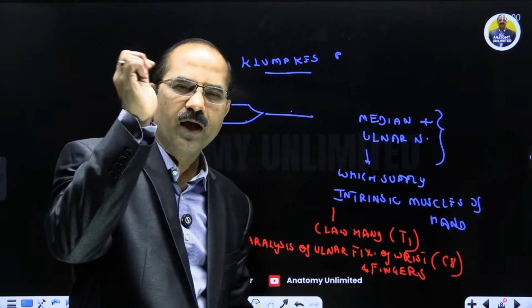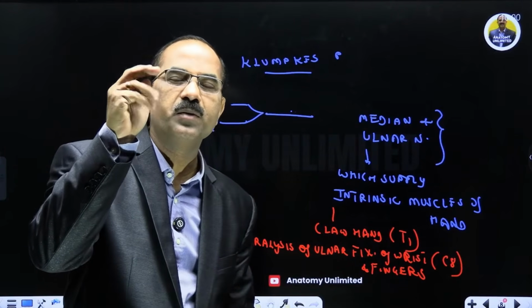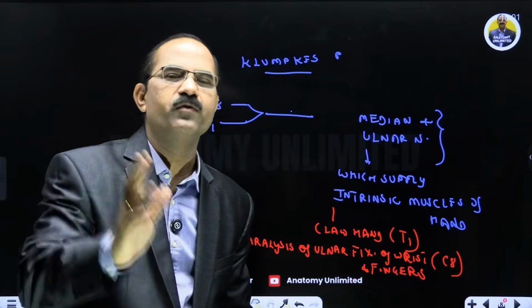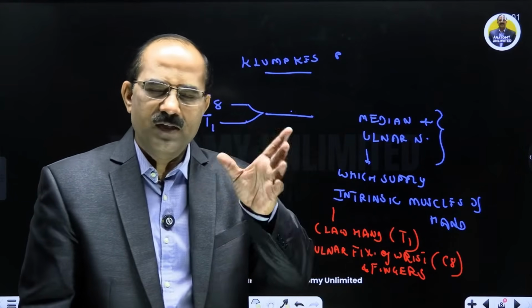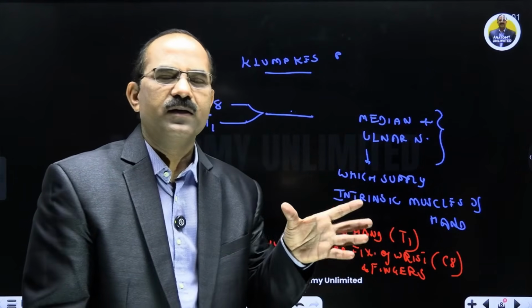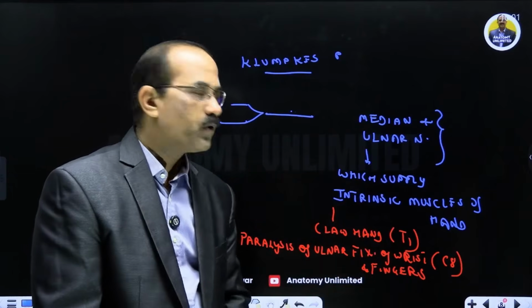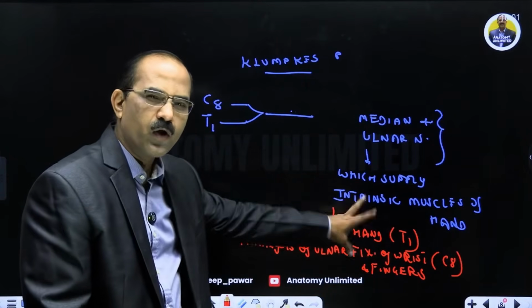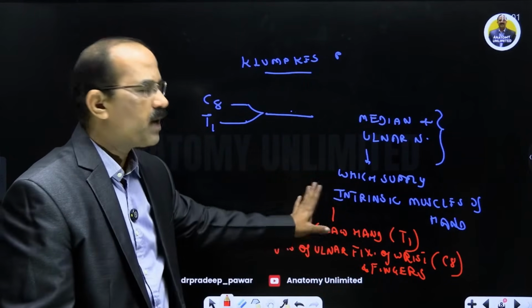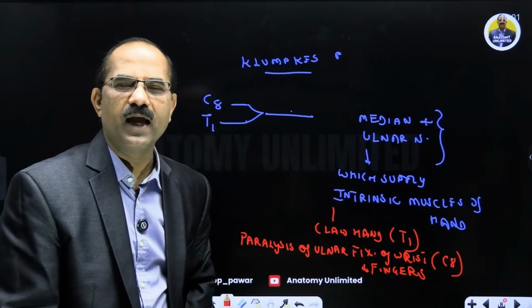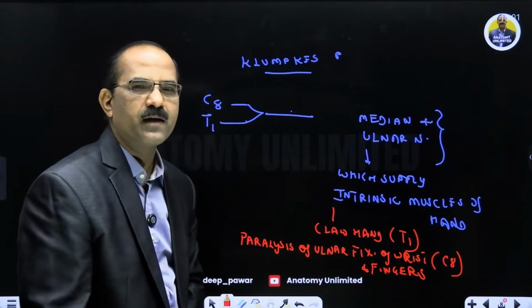Flexor carpi ulnaris and flexor digitorum profundus. You can look at these muscles later and you will understand this. So these two muscles are paralyzed. What do we get because of this? We get claw hand, and paralysis of the ulnar flexors of the wrist and fingers. This is what happens in Klumpke's paralysis.